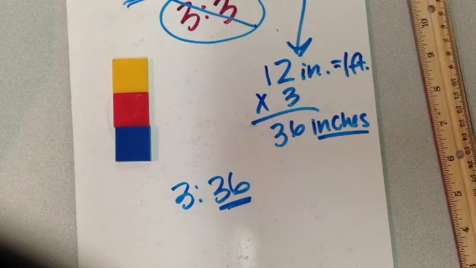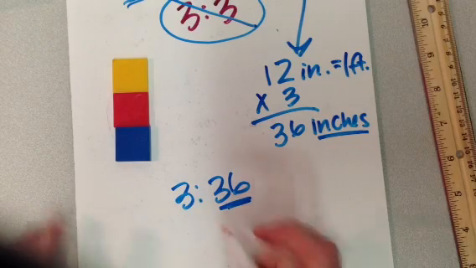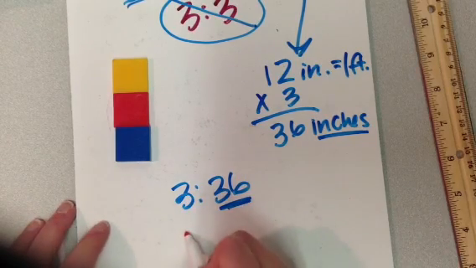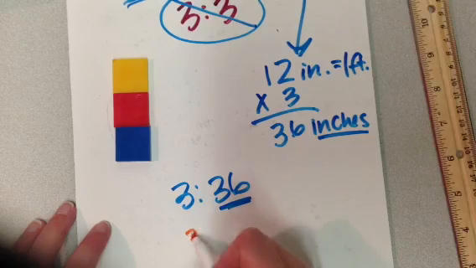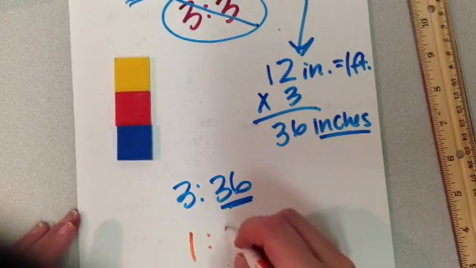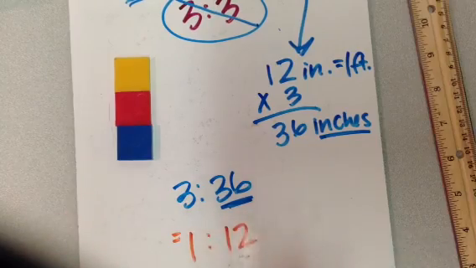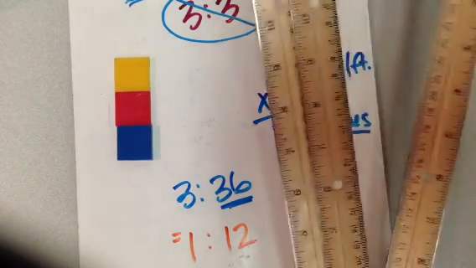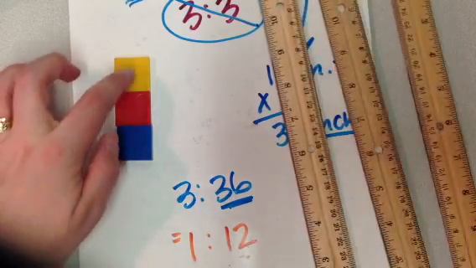Anything you notice about that? Hopefully you're saying, but wait a minute, we can reduce that. And you were totally right. I can divide a 3 out of both of these, right? So if I divide a 3 out of both of them, I end up with a new ratio of 1 to 12. And you can see that too with our visualization also. I had 3 rulers and I had 3 of these.